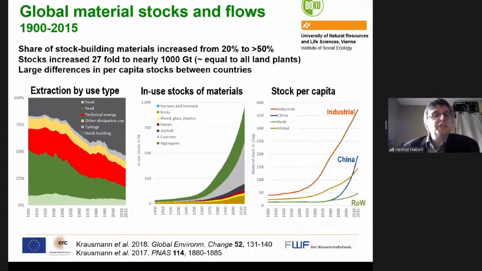And the important message here for this audience is the extraction of materials that are put on stock, and most of these stocks are buildings and infrastructures, has grown from about 20% to over 50% of all materials.